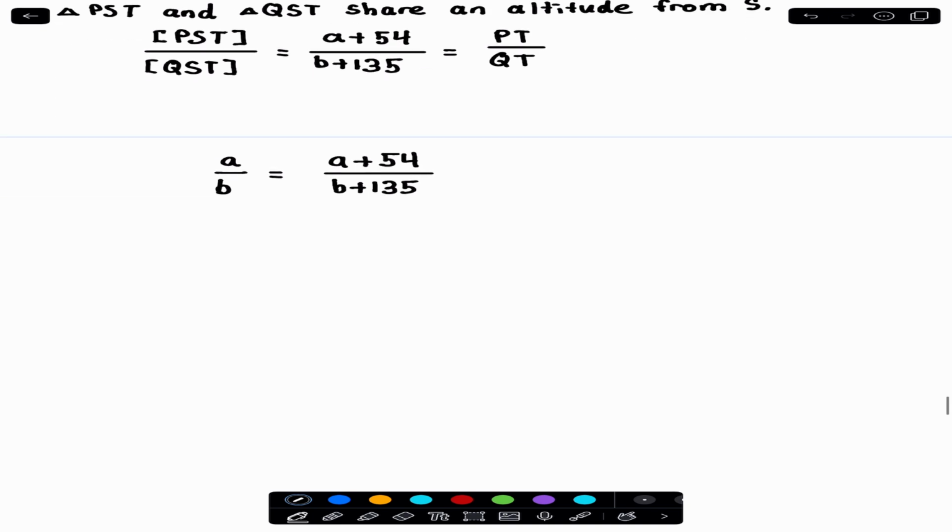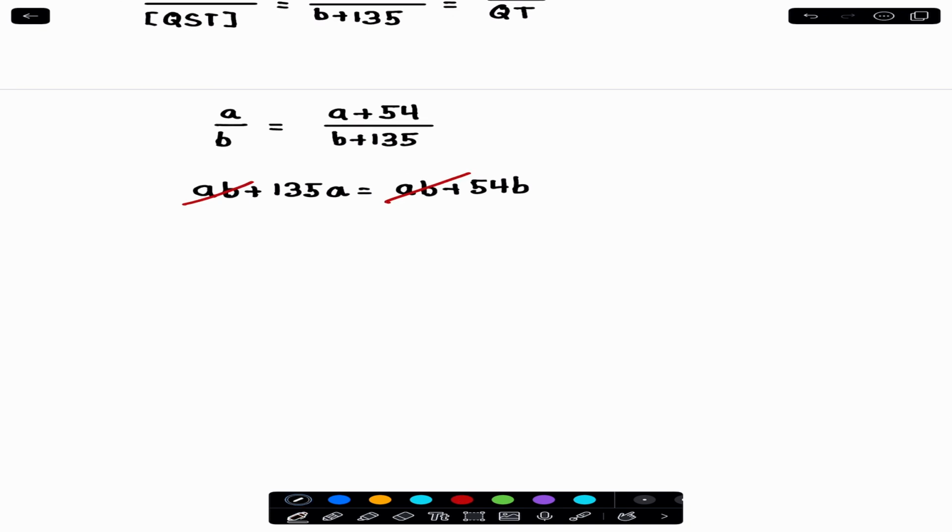And this time I will show a bit of work. If we cross multiply everything, we are going to get some cool cancellation. That goes away, that goes away. And after some simplifying, we'll find that B is 5 over 2 times as large as A.